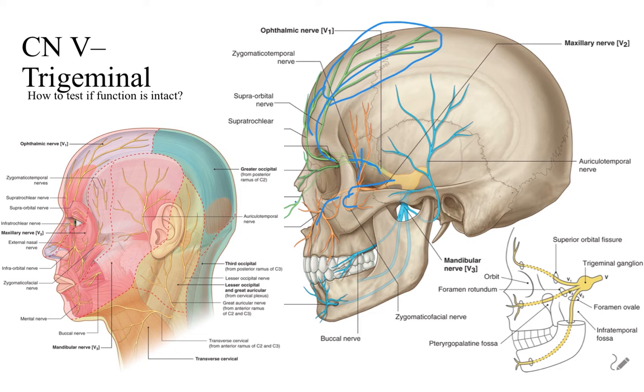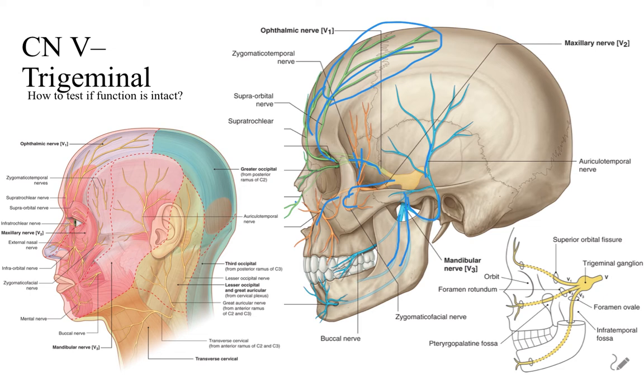And the third branch, V3, is going to be the blue one here. That's going to supply sensory innervation to the areas that you see, as well as motor innervation to muscles involved in chewing, and that includes the temporalis, masseter, the pterygoid muscles, as well as a few other smaller muscles.